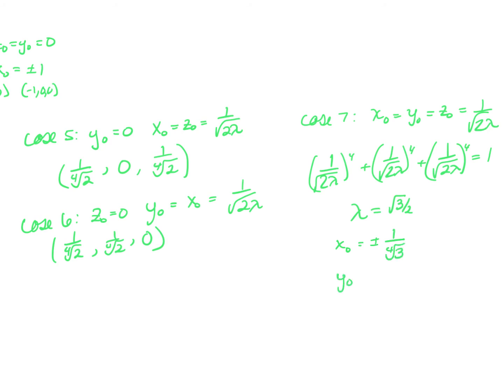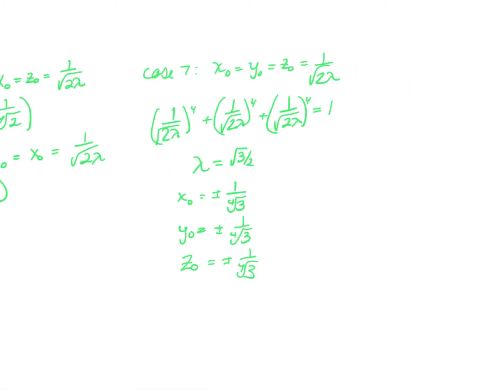Y naught is equal to plus and minus 1 over the 4th root of 3, and z naught is equal to plus and minus 1 over the 4th root of 3. So this ordered triplet is a multitude, right?